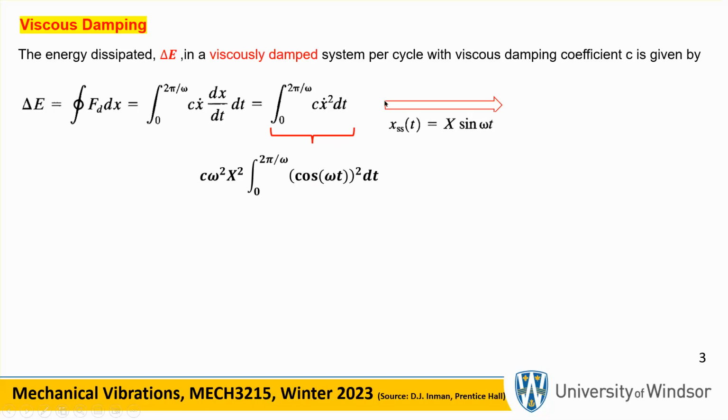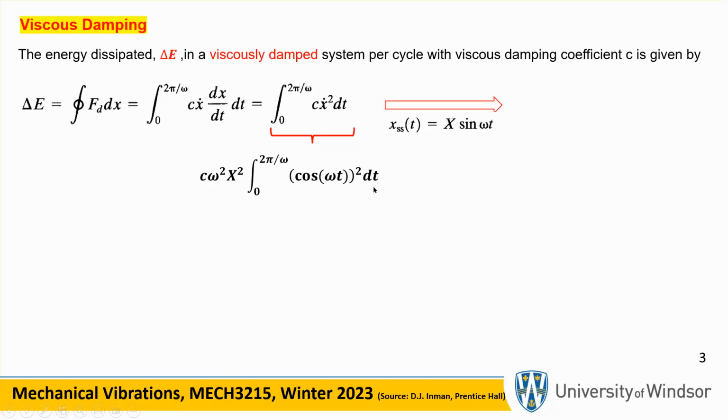Now, if we know what x is, x dot, of course, is going to be omega x cosine of omega t. So if you take this, you differentiate it, stick it in there, you're going to get c omega squared x squared, because these do not depend on time, but cosine omega t squared does.